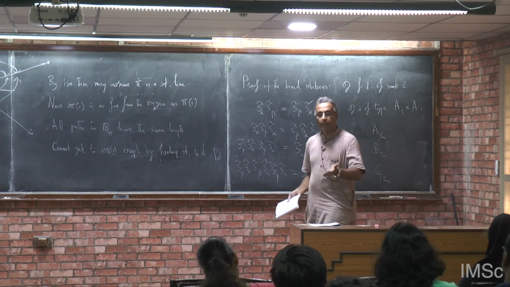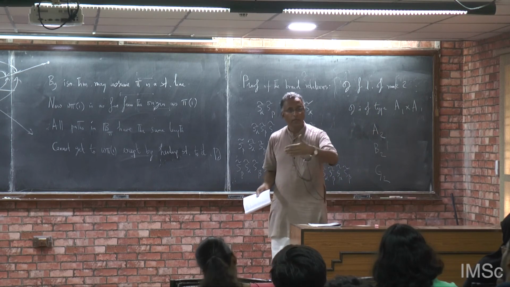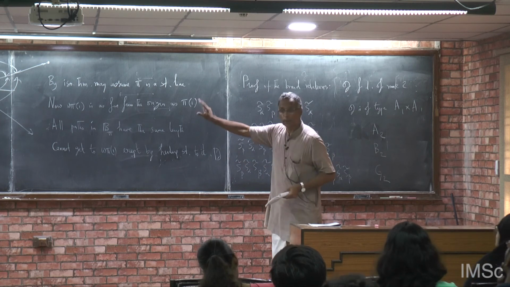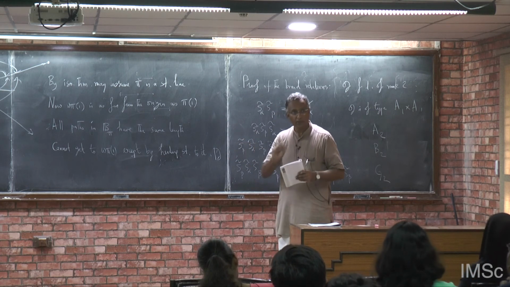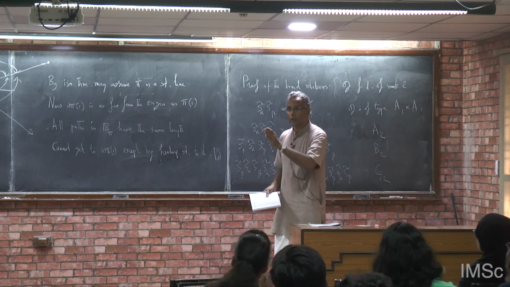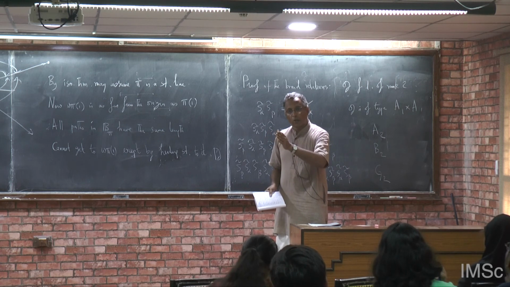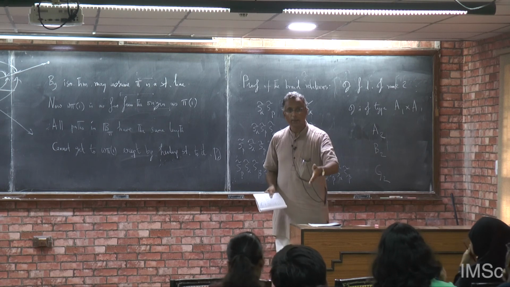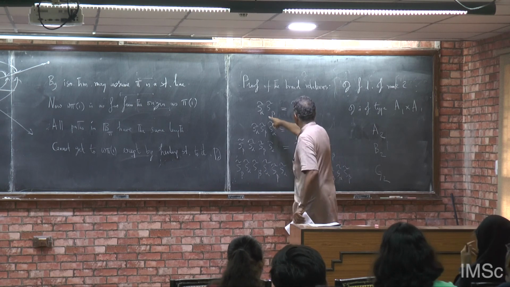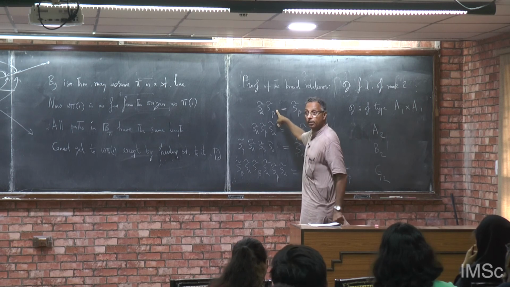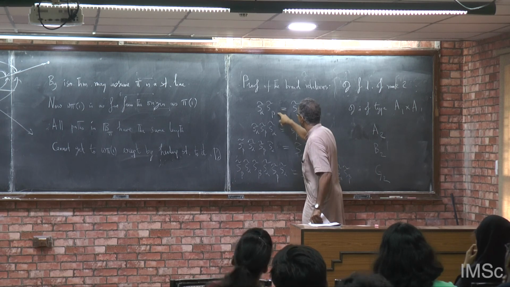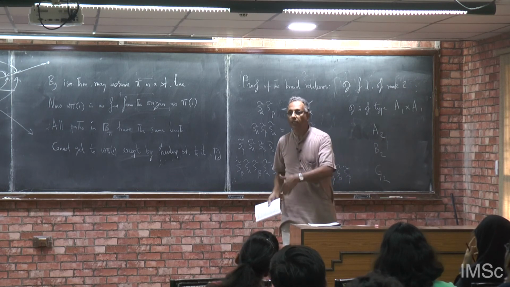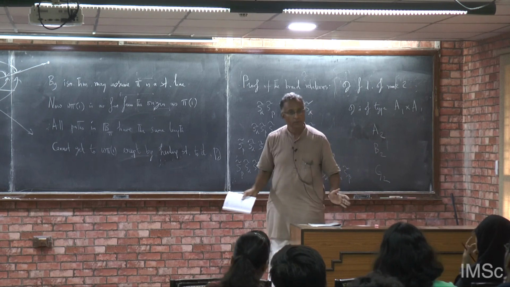I can just apply S alpha tilde to it. So instead of checking this on pi, it's enough to check this on S alpha tilde pi. If it so happens that I have to check it on S alpha tilde pi, so be it. I check it on that.